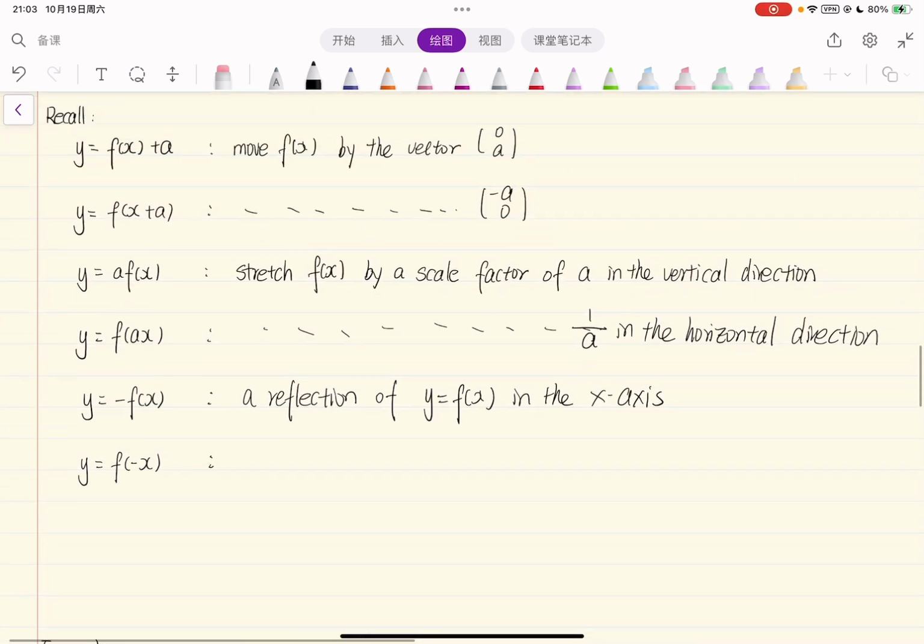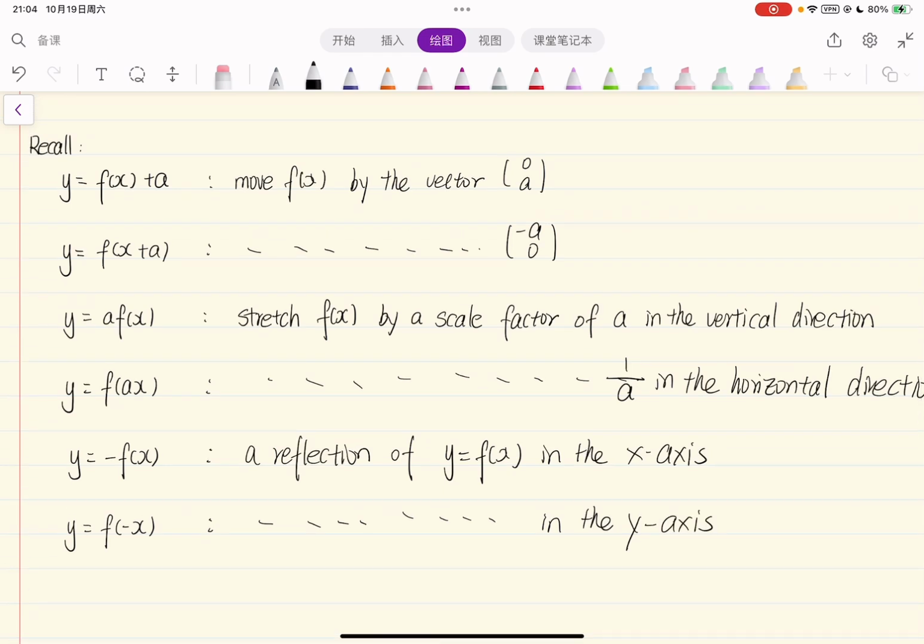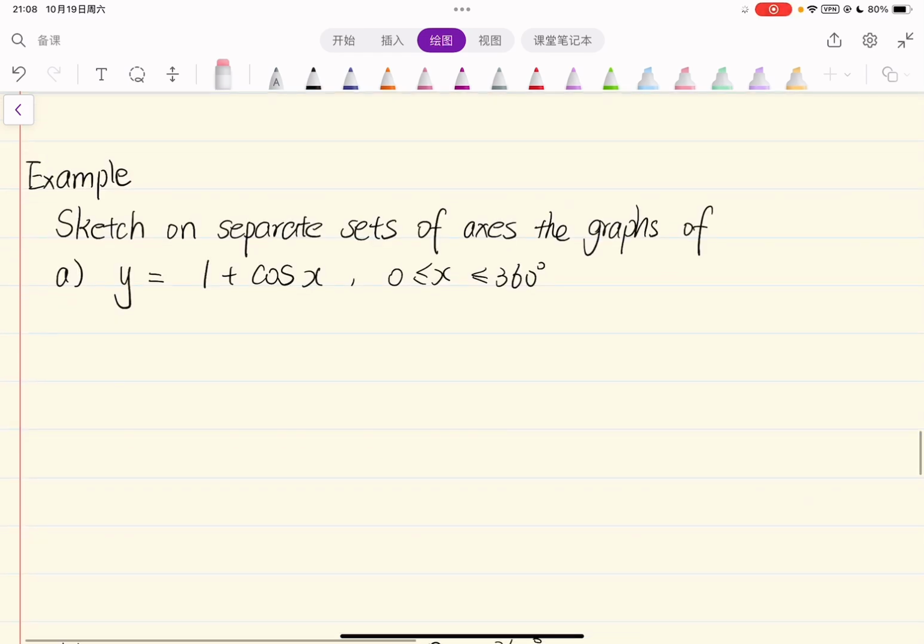For y equals f(minus x), it is a reflection of y equals f(x) in the y-axis. So these transformations also apply to the trigonometric graphs. Now let us see some example questions.